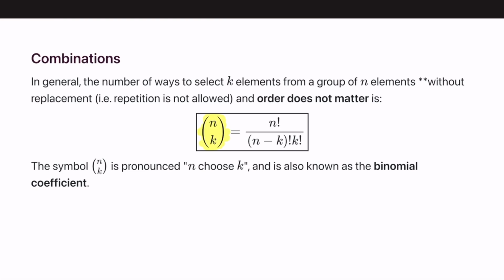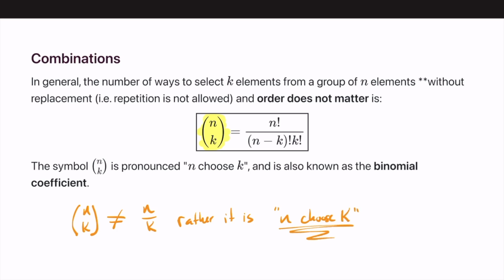That's not a division sign. So if you see n and k like this, it is not n divided by k. Rather, it is n choose k. That is the correct nomenclature to use.